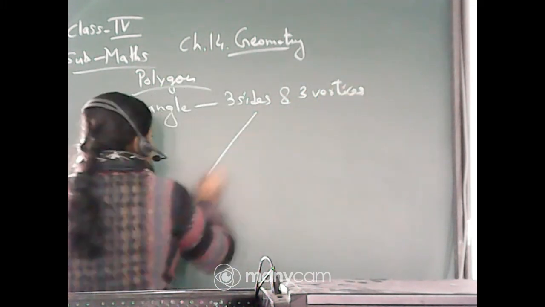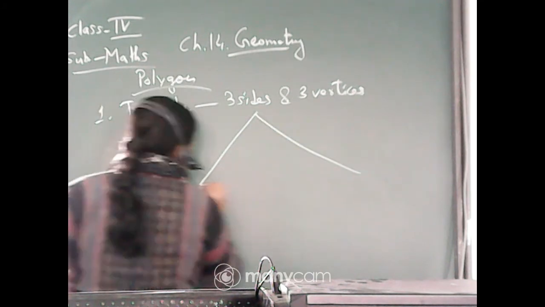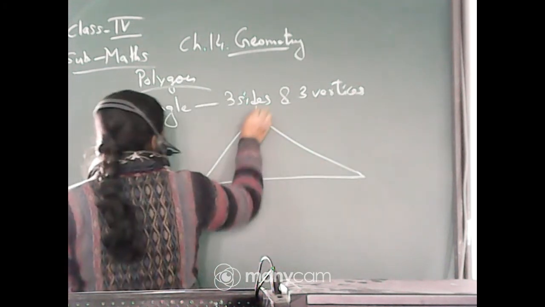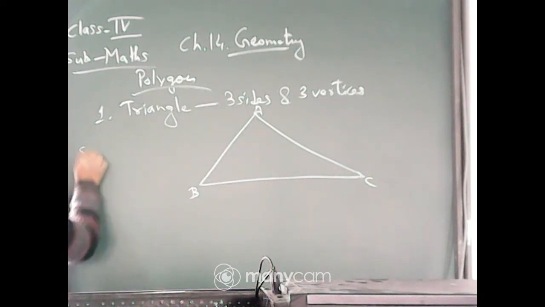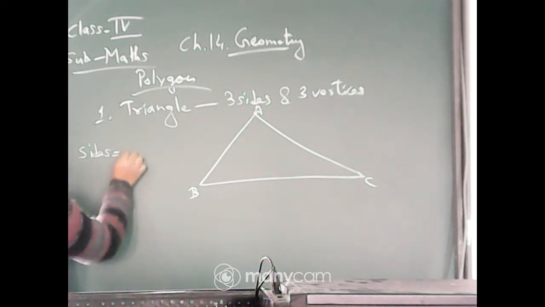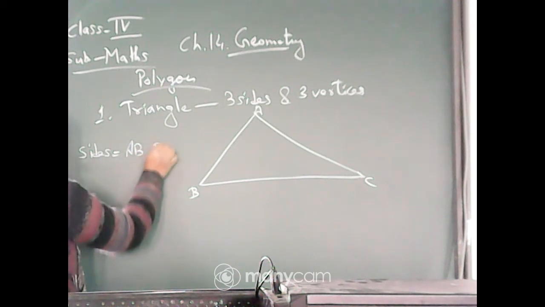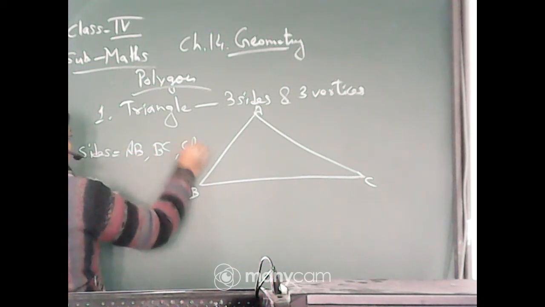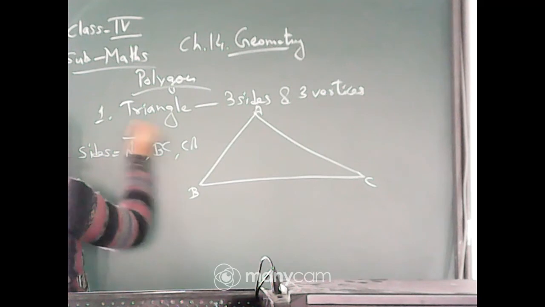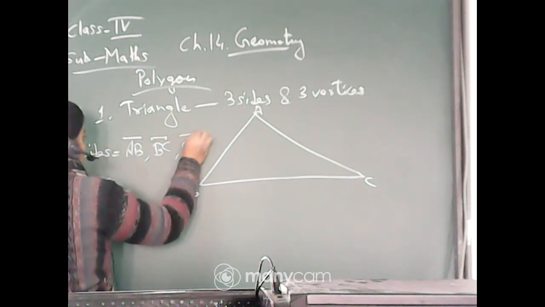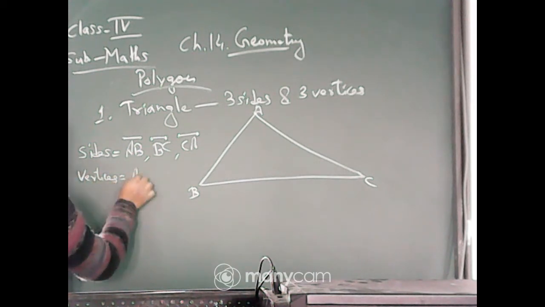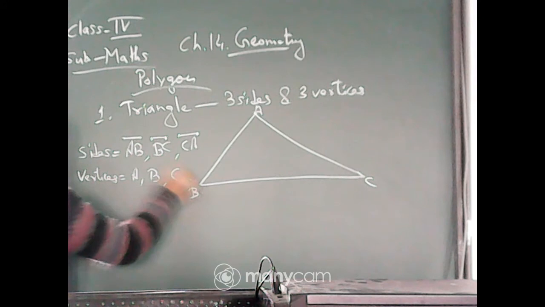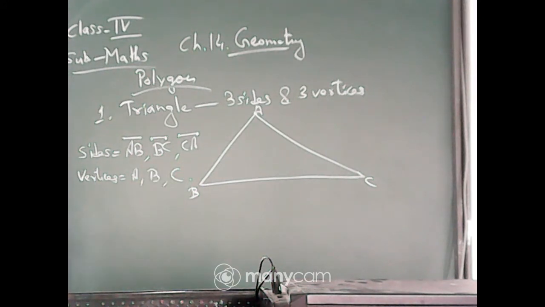If I am drawing like this and writing A, B, C, the sides of the triangle are AB, BC, and CA. These all are line segments. And the vertices are A, B, C.